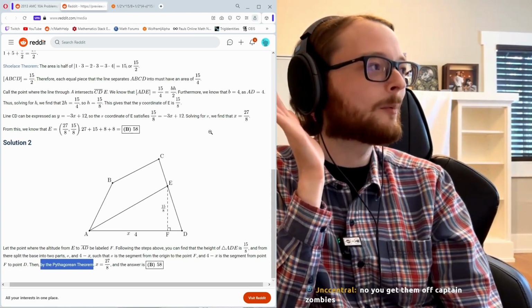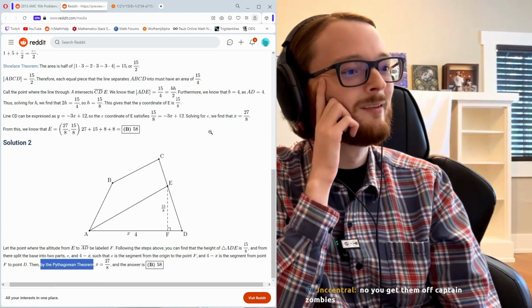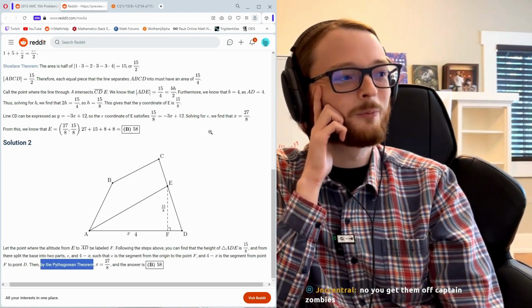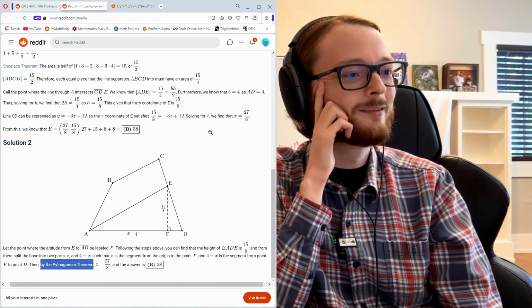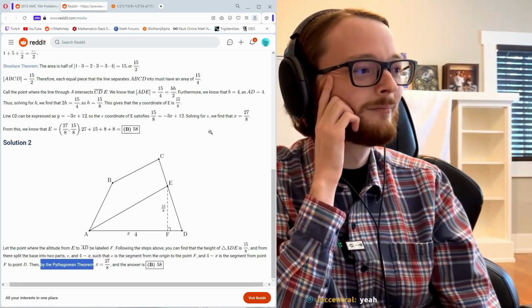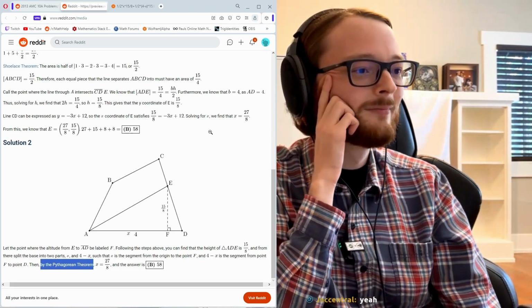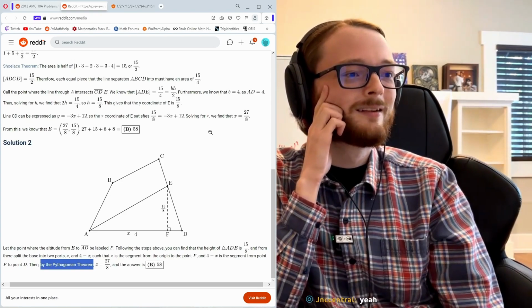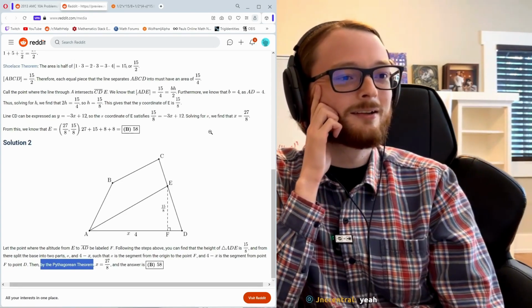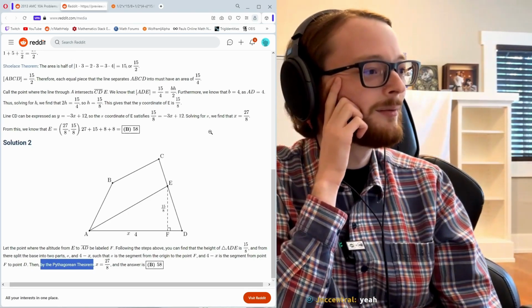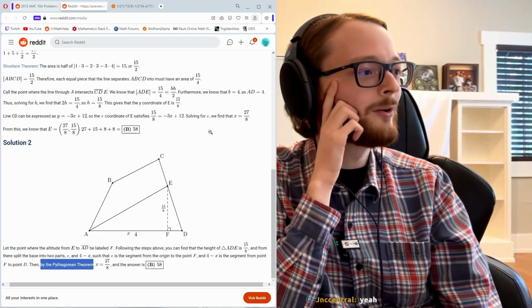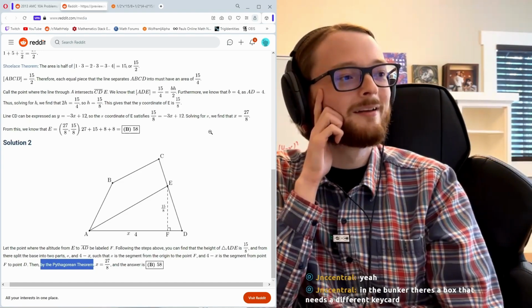So that purple keycard must lead somewhere else then, from the heli crash. One of the other asterisks is. That's cool though. Okay, there's a box that needs a different keycard. Oh, okay.